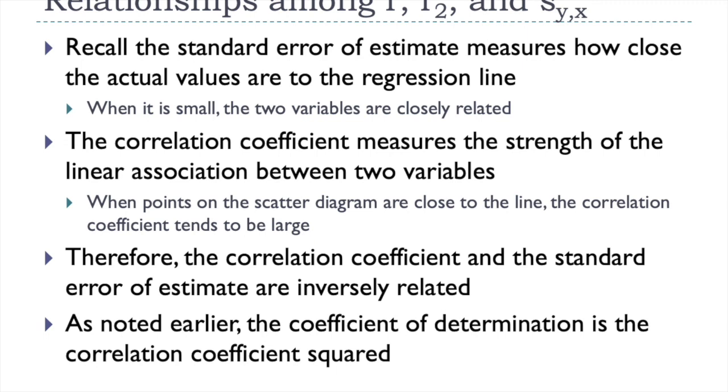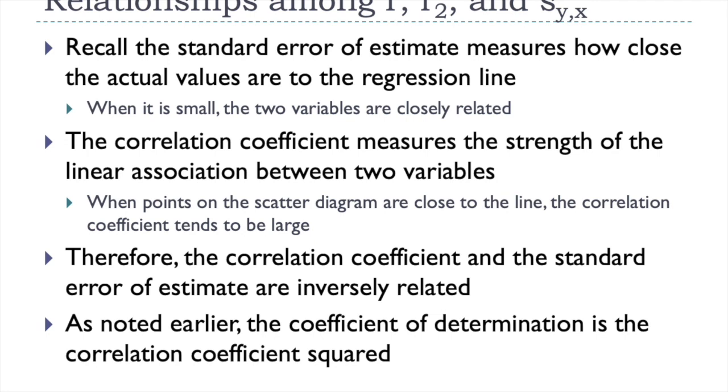So to pull this all together, looking at the relationships between these, remember that our standard error of estimate measures how close the actual values are to the regression line. And so when it's small, then we know that our two variables are closely related. On the other hand, the correlation coefficient measures the strength of the linear association between those variables.